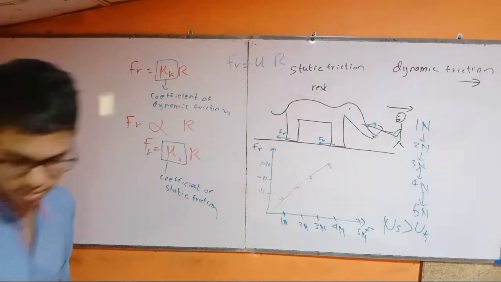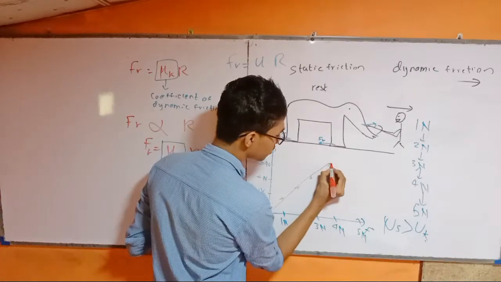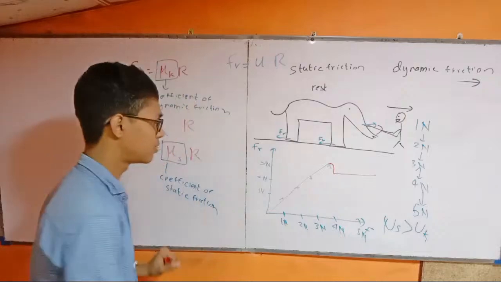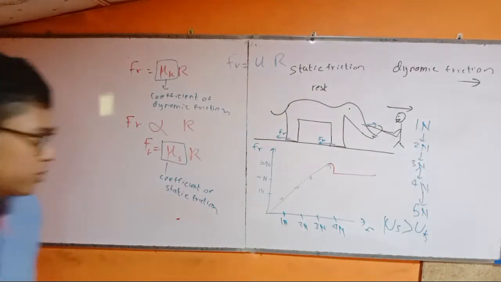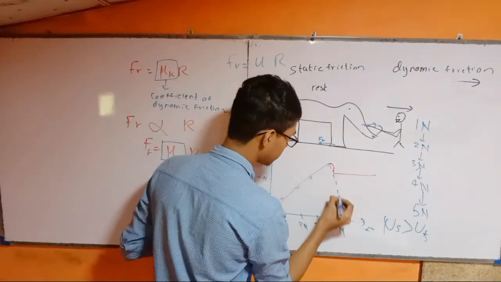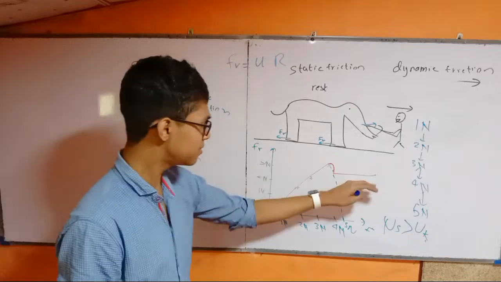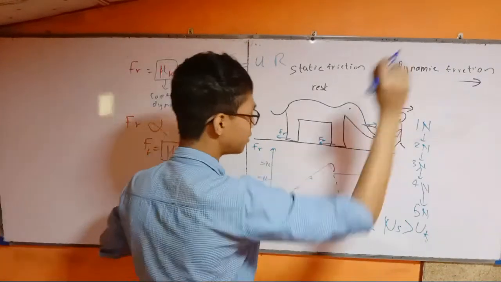It will go down and then stay constant. This is 5 Newtons. From there onwards, it's going to be constant friction.